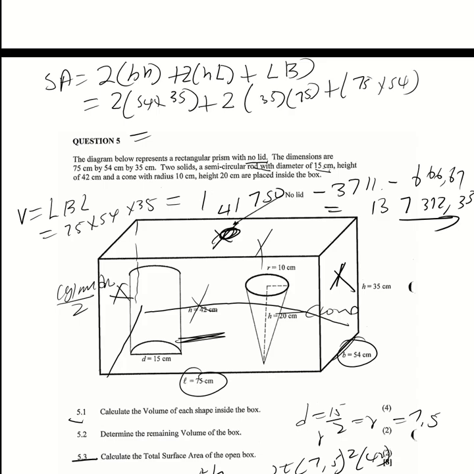What is the total surface area? That gives us 12,405 centimeters squared, because it's the surface area, whereas volume is centimeters cubed.